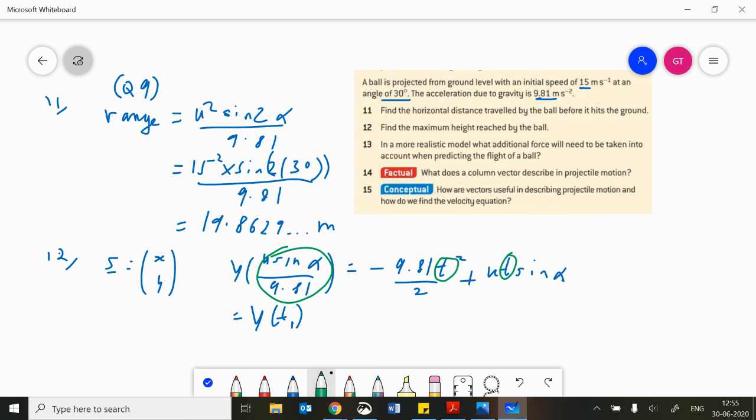Now, just a tip on your calculator here, to stop you from writing out quite so much: substitute my u and my alpha into here, and store it on your normal basic Casio calculator as A. Then when we come back to working this out, you can just put in A, so you can replace all this with just A. It's going to stop you from writing it out twice.